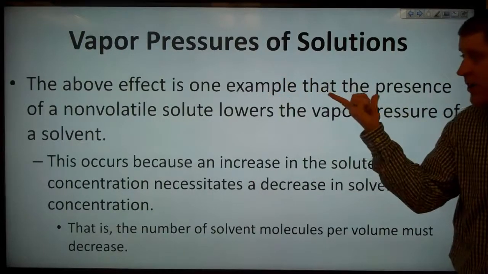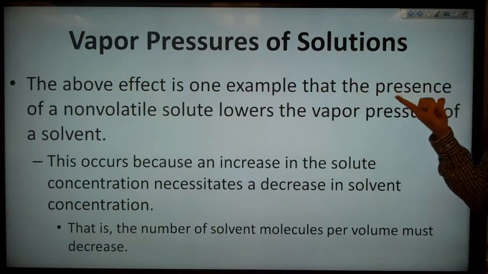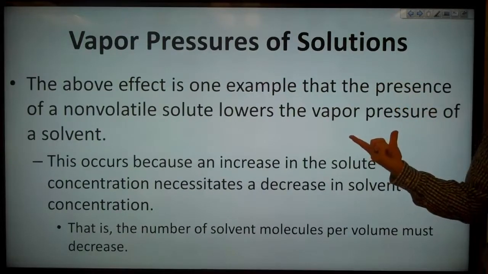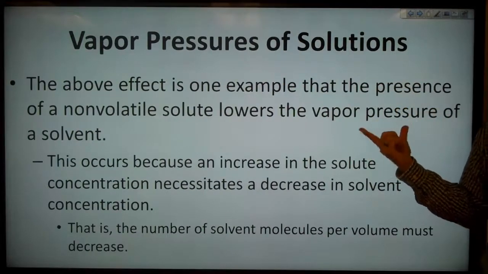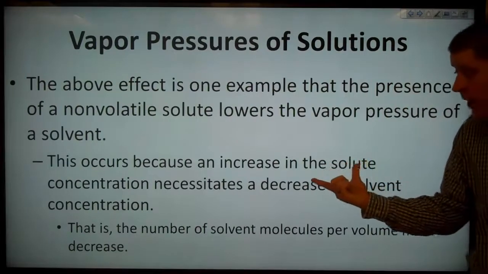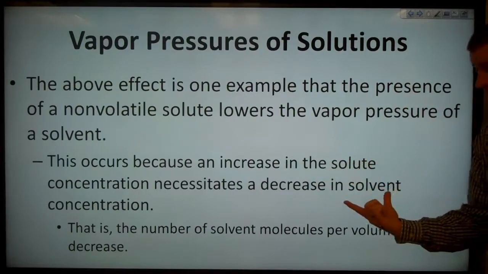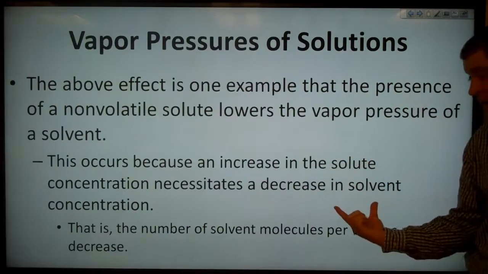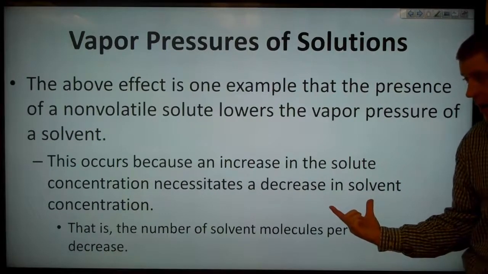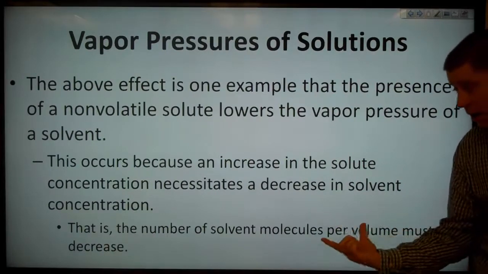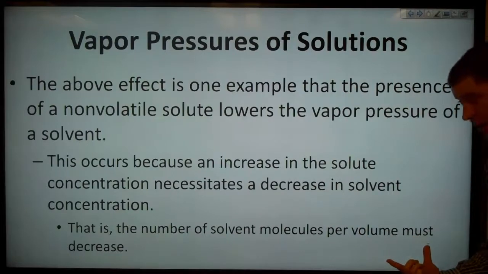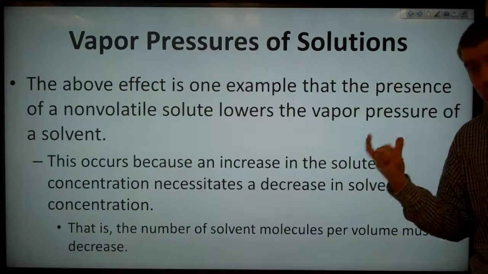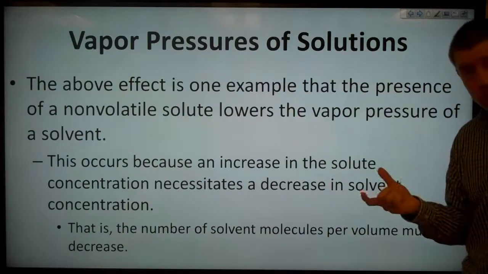So this effect that we see is one example that the presence of a non-volatile solute lowers the vapor pressure of a solvent. And this is occurring because an increase in the solute concentration necessitates a decrease in the solvent concentration. That is, the number of solvent molecules per volume has to decrease as we increase the number of solute molecules per volume.